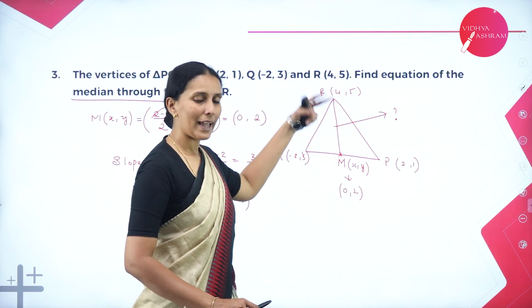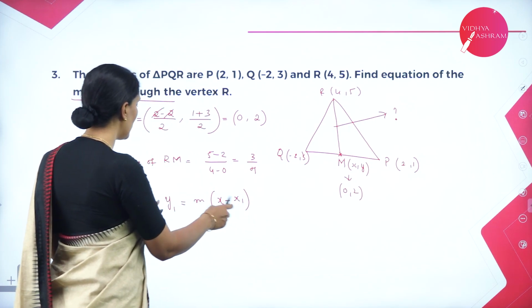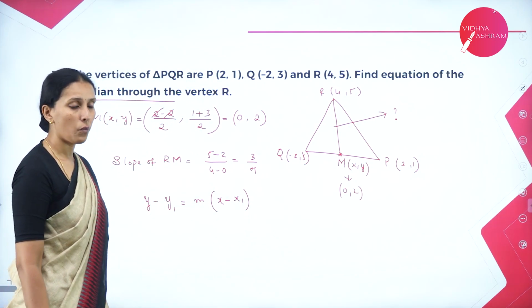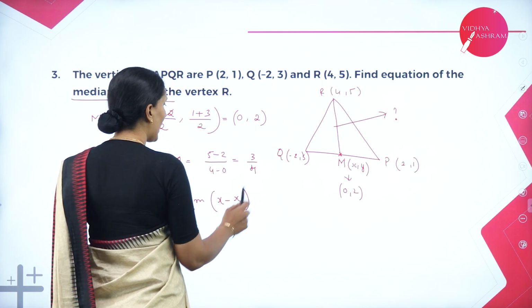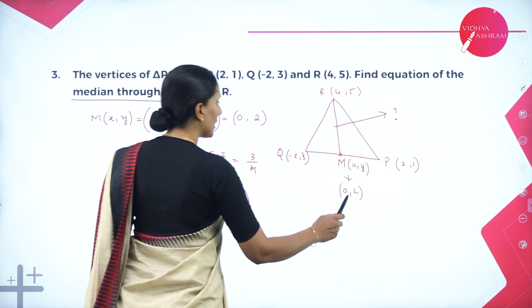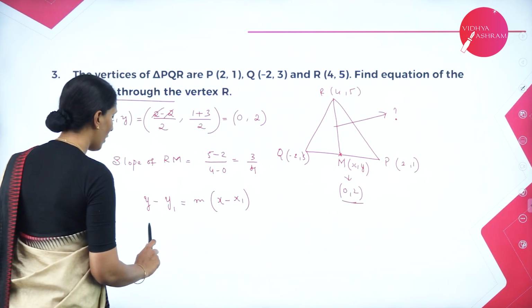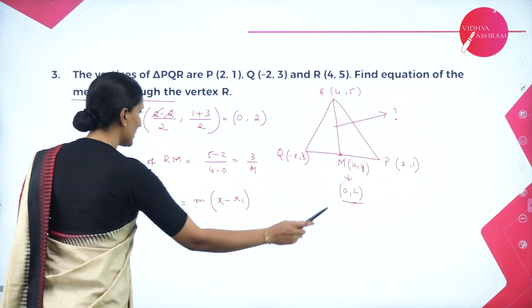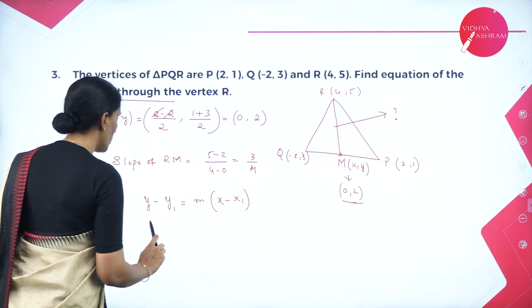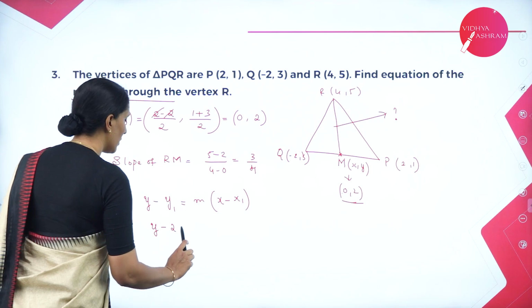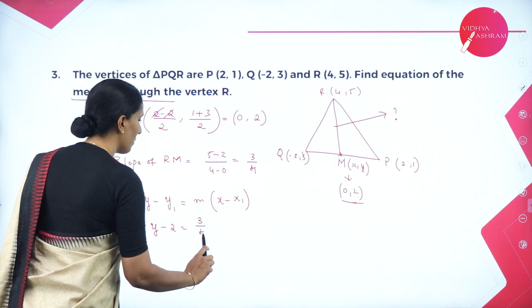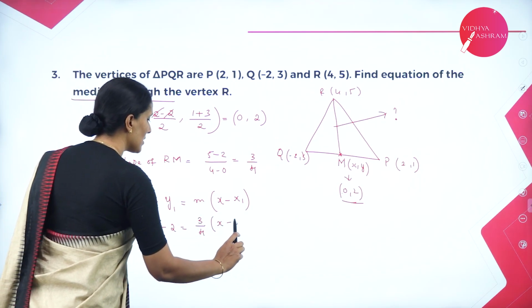That means we can take any point as x1 and y1. The slope is already calculated, so I'll consider the point (0, 2). Therefore x1 is 0, y1 is 2. So y minus 2 is equal to 3 divided by 4 into x minus 0.